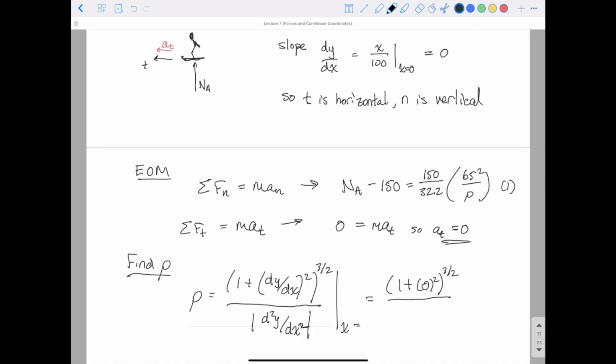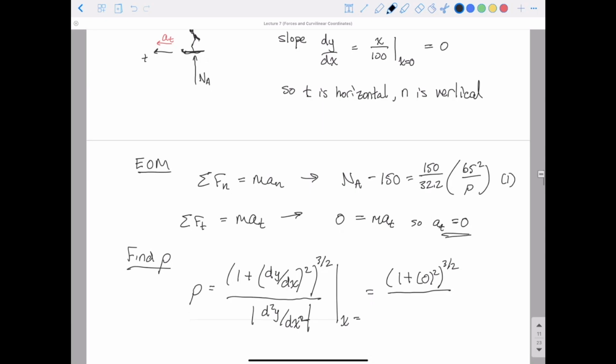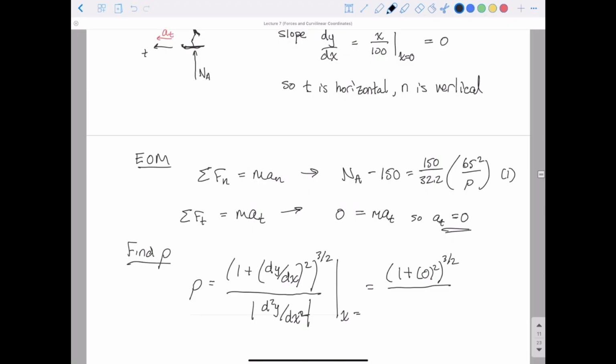And our second derivative is just 1 over 100. At x equals 0, it's still a constant, so it's just 1 over 100. So we end up with the numerator being just 1, divided by 1 over 100, so it's just 100 feet.